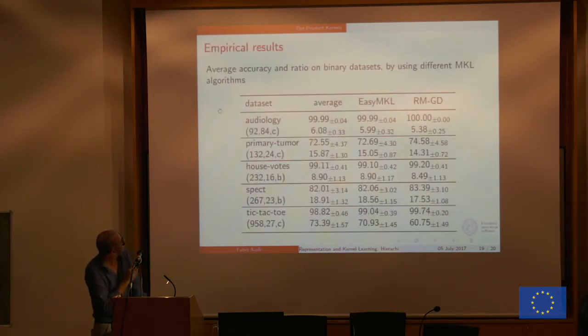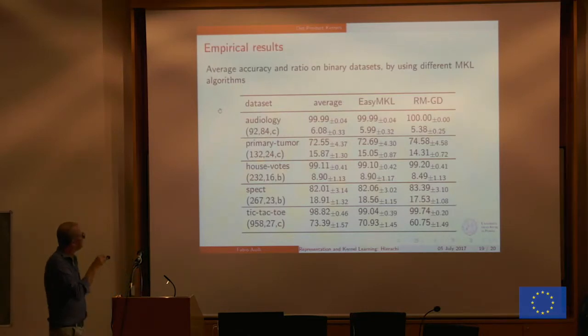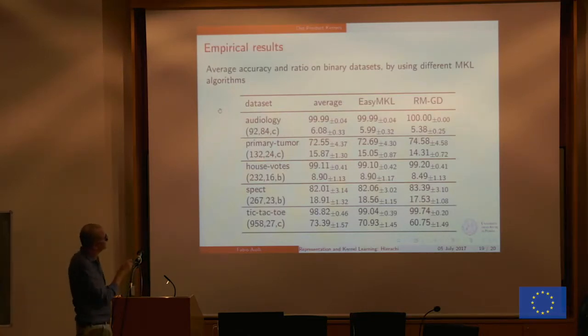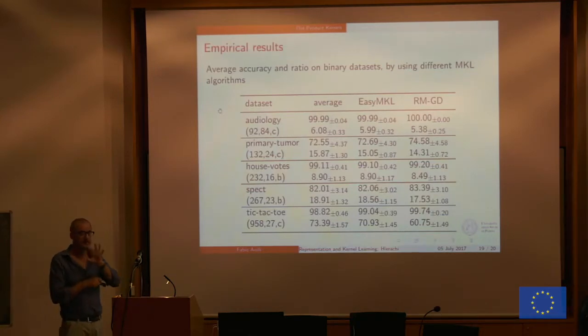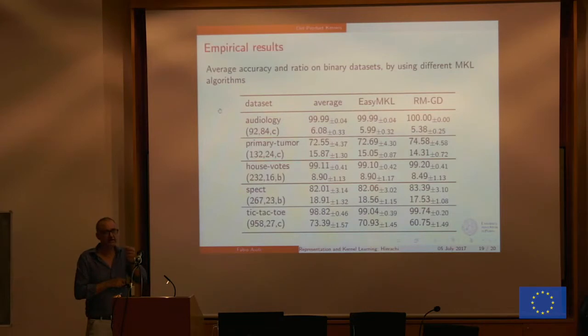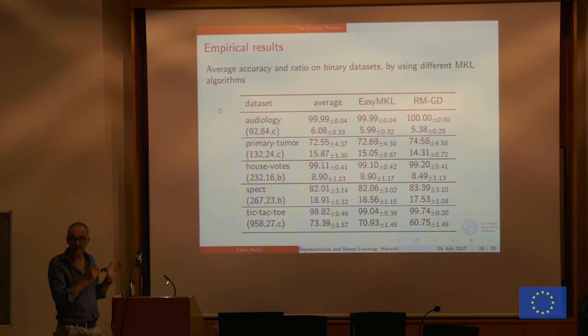These are results where for different data sets we take just a sample of the data set, and you can see that EasyMKL is generally better than using the simple average, which nevertheless is a very good baseline. It seems strange, but just taking the average of the kernels, which means just taking the combination weights equal, is a good baseline in general.